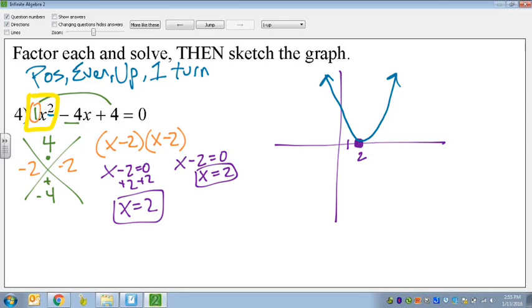So use that, and we're going to talk about this more as we go on. If we ever get a duplicate answer, meaning we get the same answer twice, like x equals 2 two different times, that is actually where the turning point is going to be. So we call this multiplicity. Going back to the factors, x minus 2, I could have written x minus 2 squared, right?